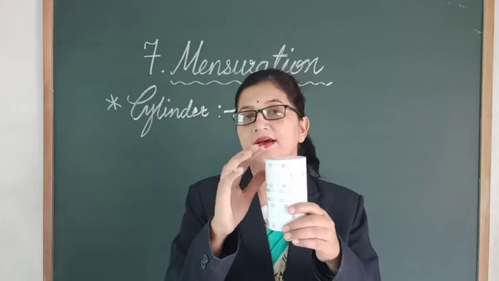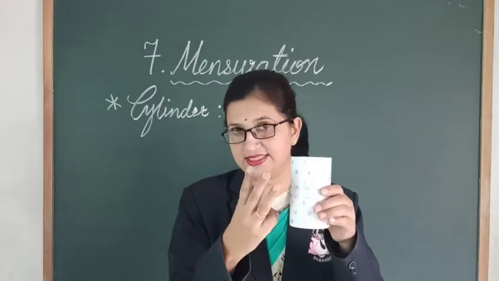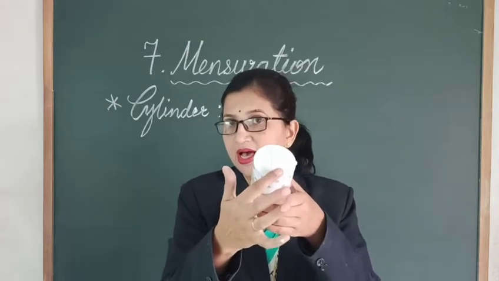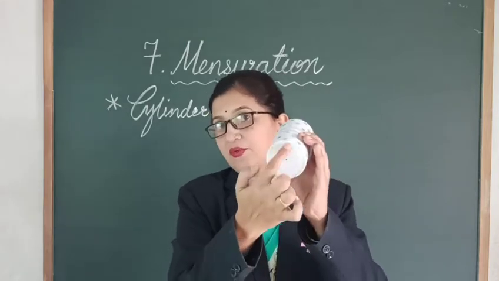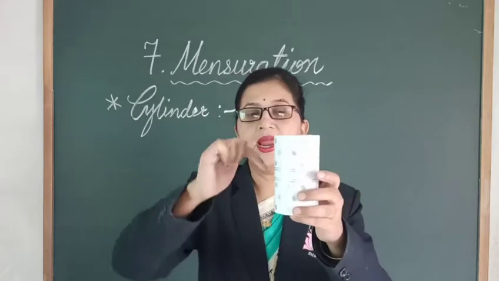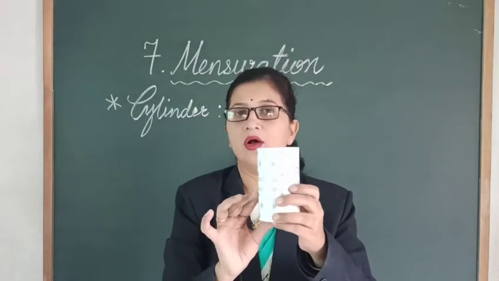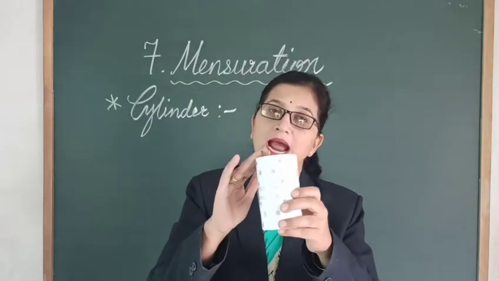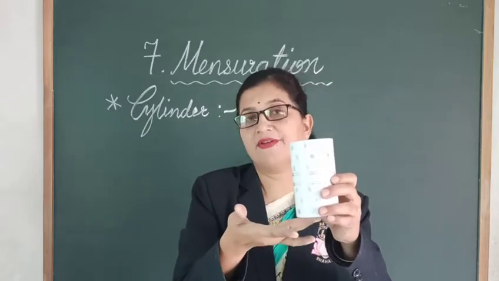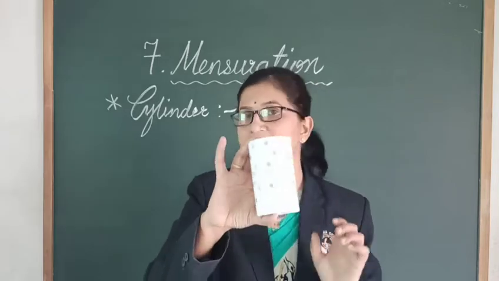Now you can see here this cylinder has three faces. That is this top, which is circular, and this base, which is also circular, 1, 2. And this third one is the curved surface area. When we add the area of all these three faces, we'll get the total surface area of this cylinder.